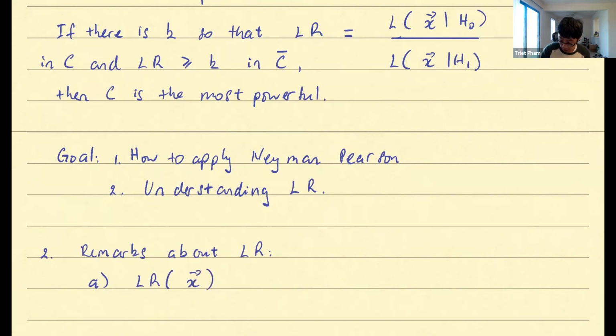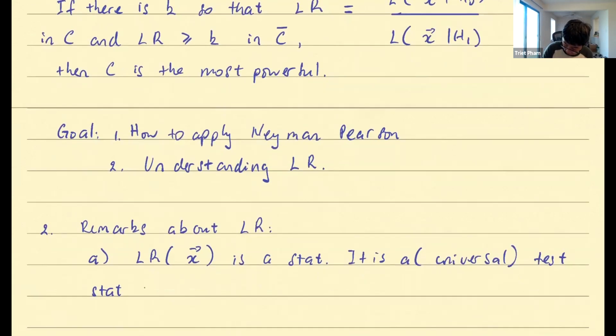So actually, it is a statistic. Anything that depends on the sample is a statistic. So likelihood ratio is a statistic. More importantly, actually, it is a test statistic, okay? It is, let me call it, a universal test stat, specifically.